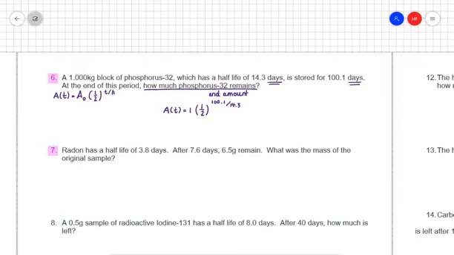So our half-life and our time do have to match. So we were working with years before, but now they both say days, so we're good. If one said days, one said years, we would have to convert. Since we're finding the end amount, we can just put this straight into the calculator exactly as we see it. We don't have to move anything around.